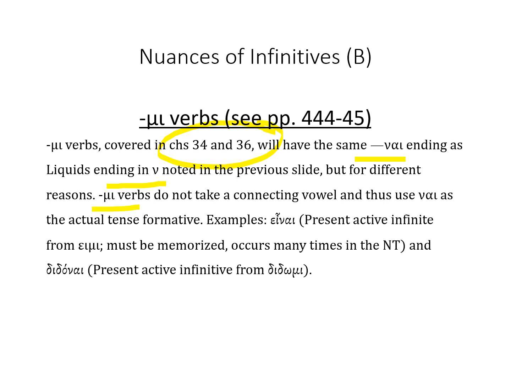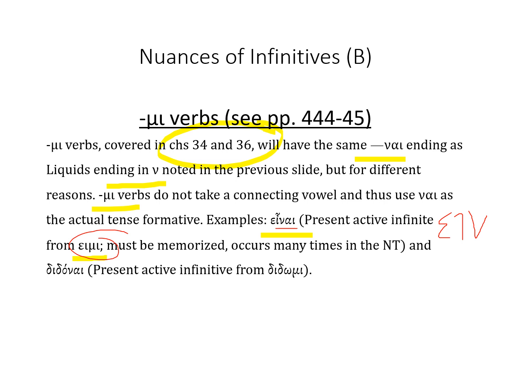Mi verbs do not take a connecting vowel and thus use nai as the actual tense formative. So tithenai is the present active infinitive from a mi verb. We don't have that ain ending that we are used to with the present active indicative for mi verbs. It's just the nai ending.